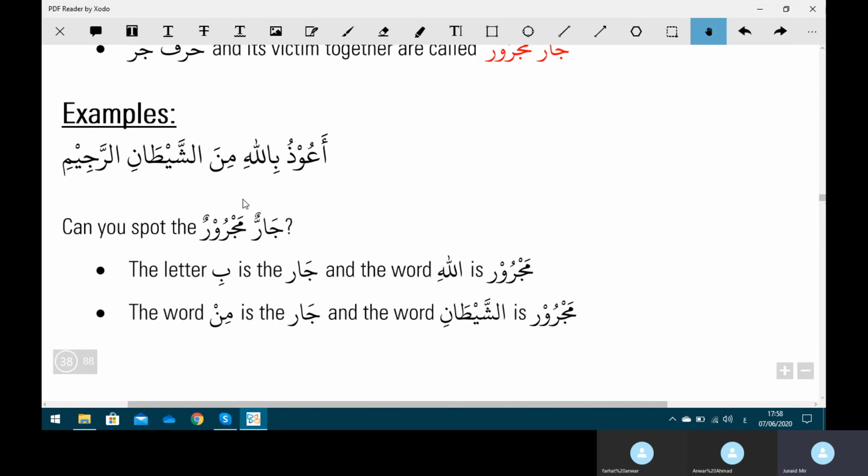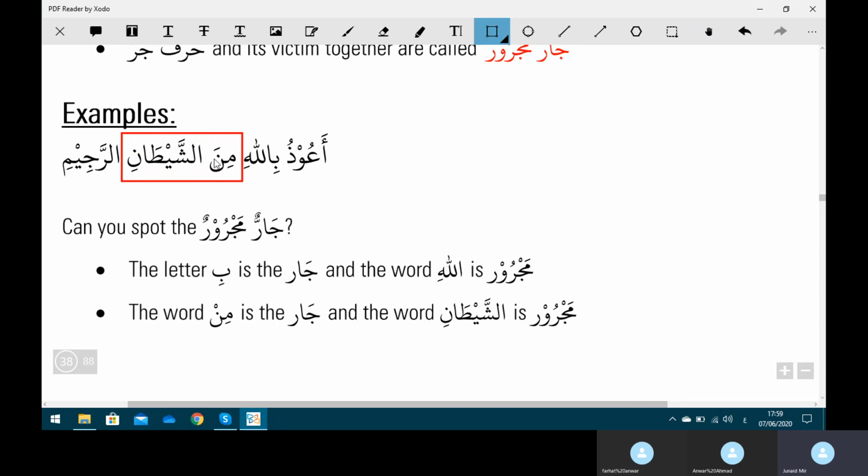The word min is also harf jar. It means from. Min is a harf jar, and the word ash-shaytani is majroor. So min ash-shaytani is a fragment, from the shaitan. And notice it's shaytani and not shaytanu and not shaytana.